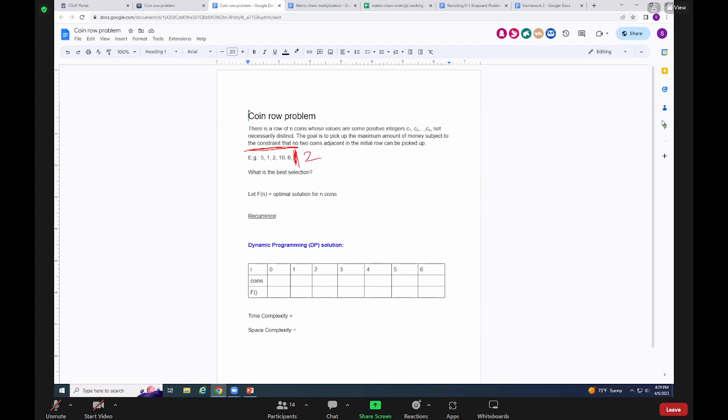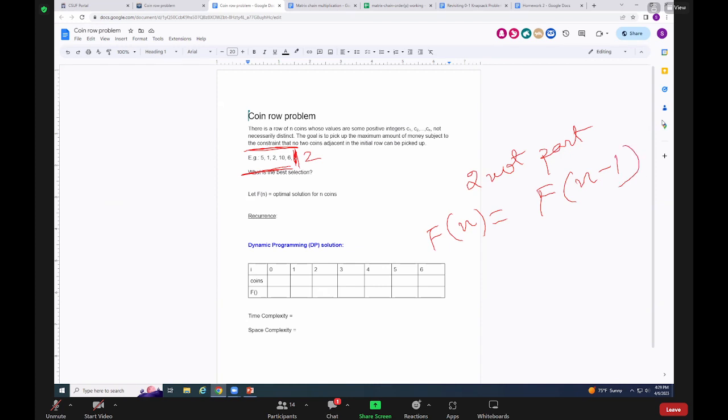That means that if you do not pick up 2, then your f of n solution is simply made of whatever was already f of n minus 1, right? Because 2 doesn't even matter because you did not take it.